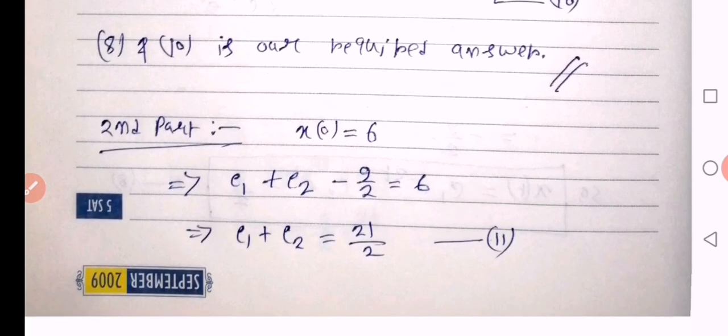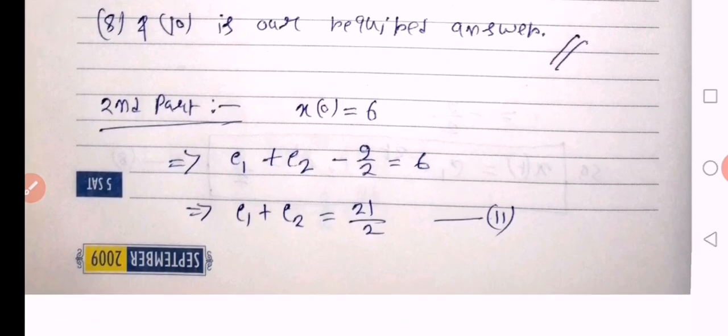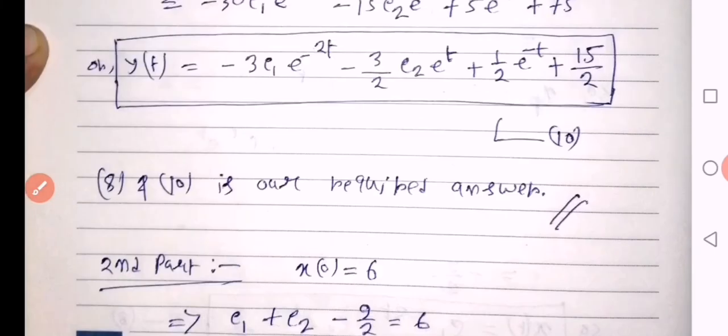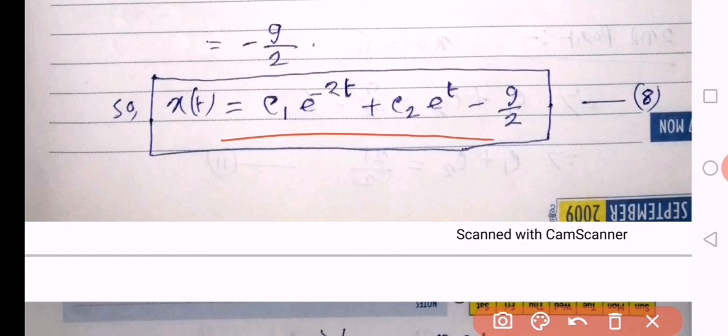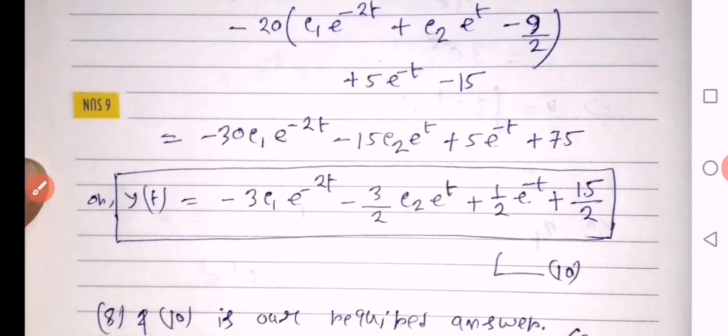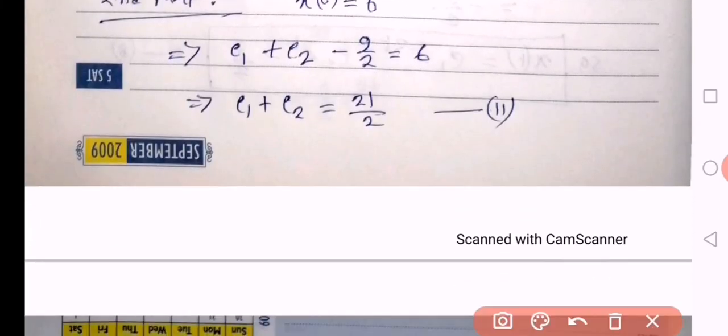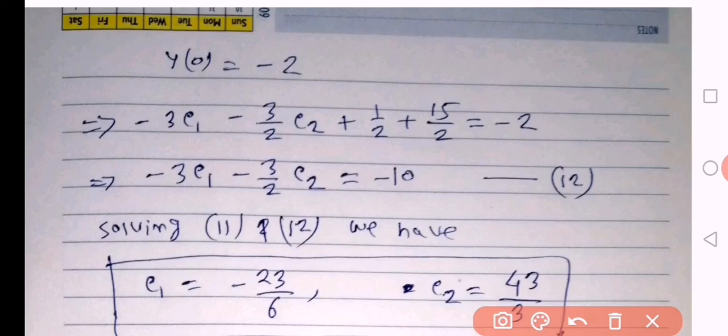Now using the condition x(0) equal to 6, if we put t equal to 0 in this equation, we will get c1 plus c2 equal to 21 by 2. Similarly, using the condition y(0) equal to minus 2, we will get this equation.